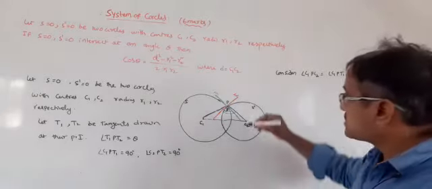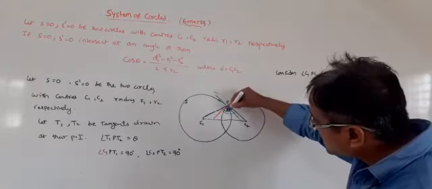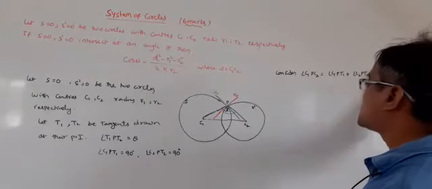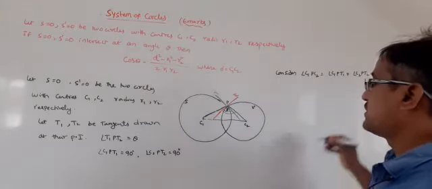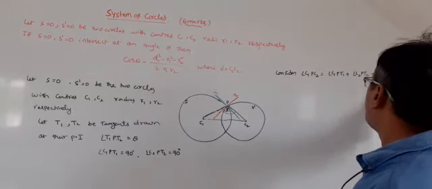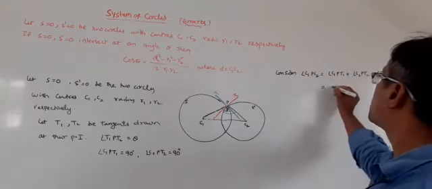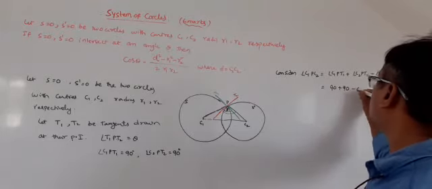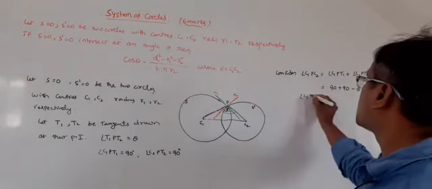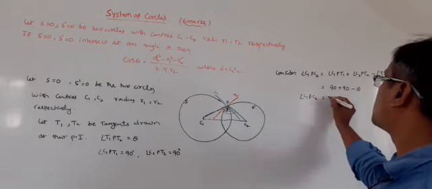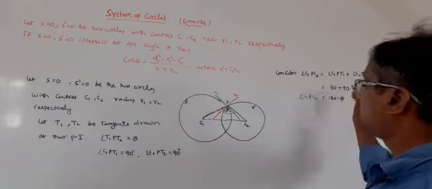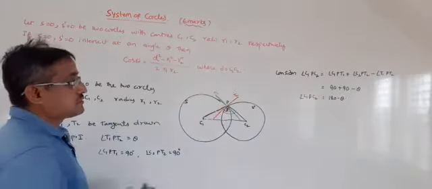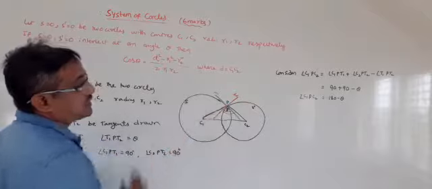In this case, we have repeated this angle 2 times, so it can be represented as minus angle T1PT2. So this is 90 plus 90 minus theta. So angle C1PC2 = 180 - theta. This total angle is 180 - theta.